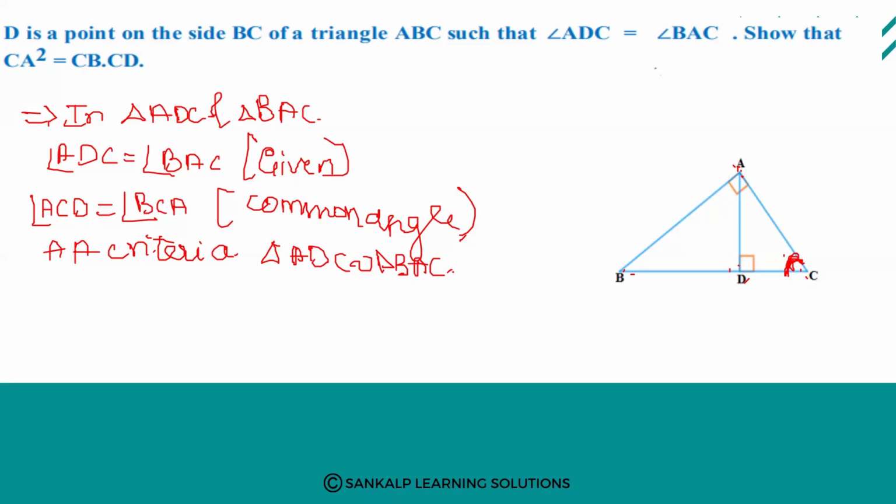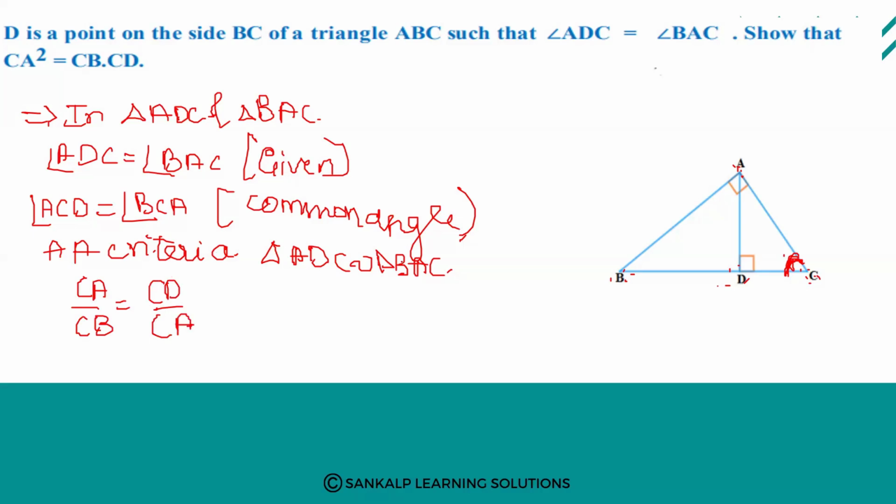Yes or no? Now, when two triangles are similar, corresponding sides are in proportion. So which are the corresponding sides here? CA divided by CB and CD divided by CA. Okay, these are corresponding sides. Why?